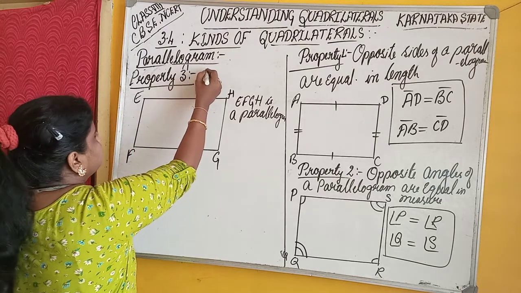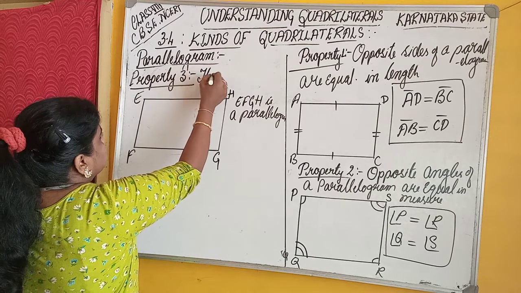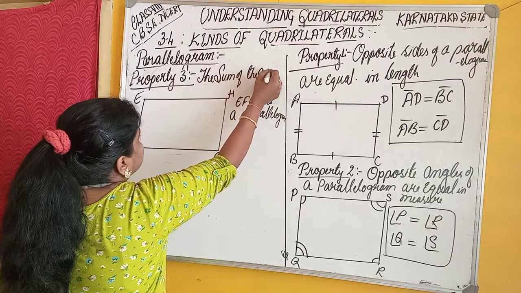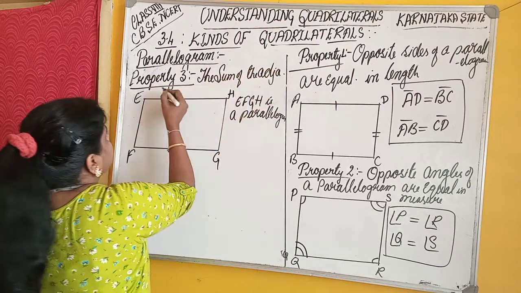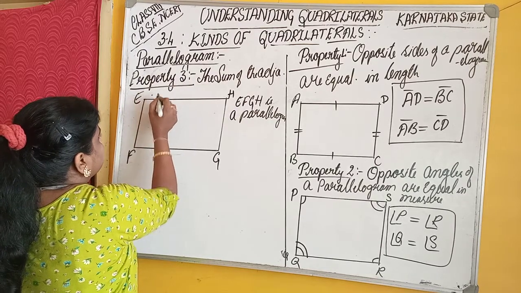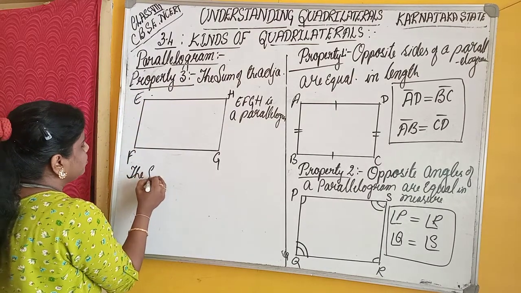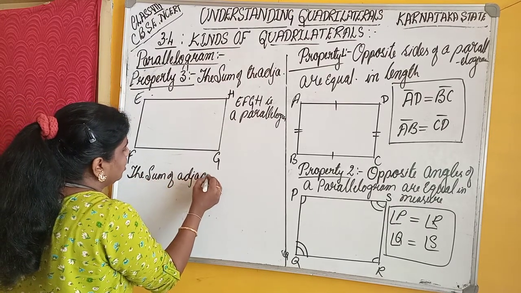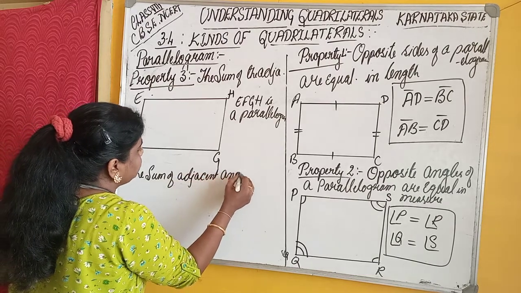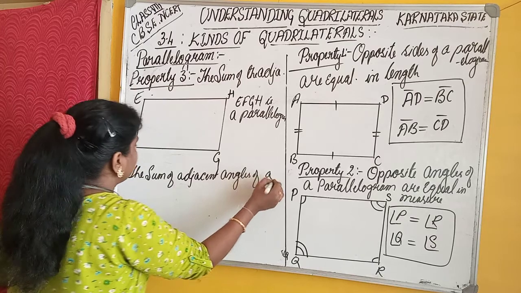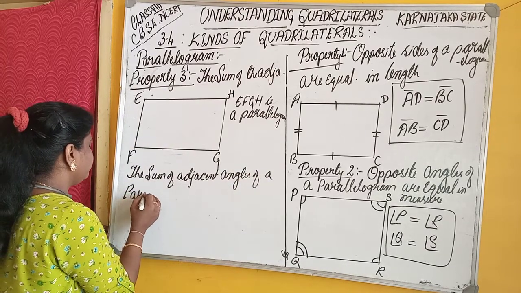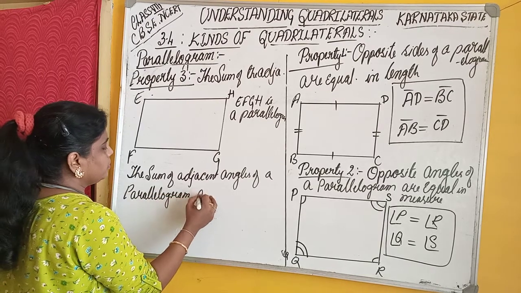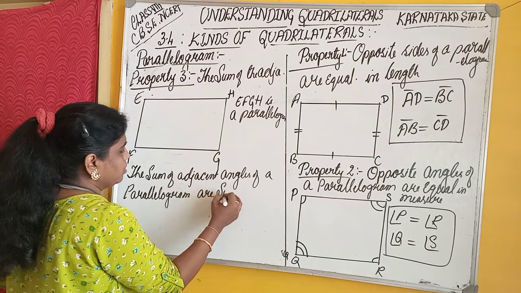In a parallelogram, the sum of adjacent angles of a parallelogram are supplementary.